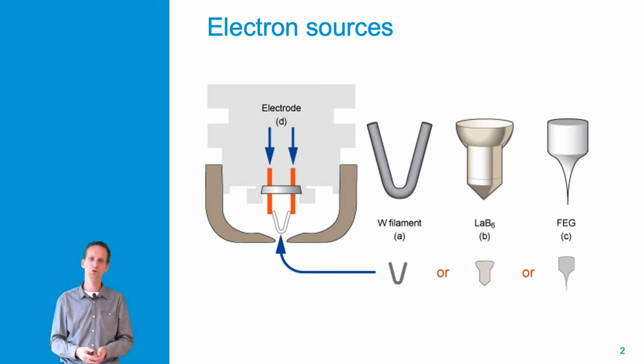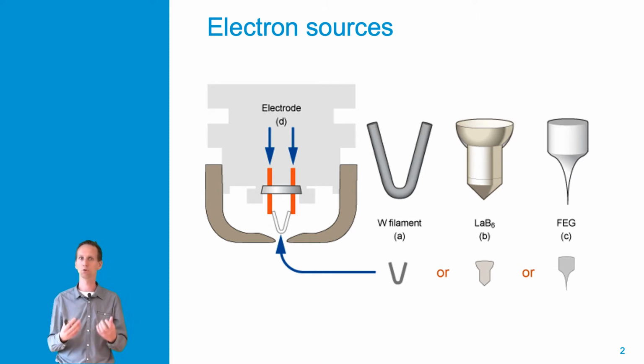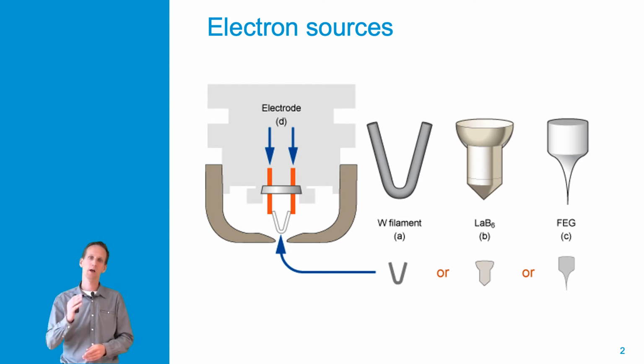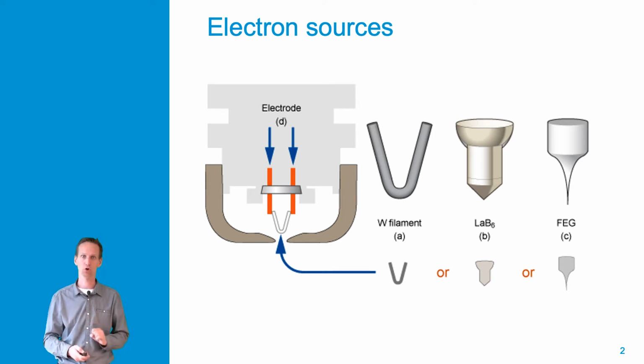We can also use a so-called LaB6 material, which is particularly used if we want to exploit photoemission in the process. I will talk about that in a second. And an important other type of source is the field emission gun, which you see depicted to the right. The field emission gun is a very sharp tip, so sharp that actually the virtual source size is very small, but also so sharp that it enhances the electric field around the tip, similarly to what we have in a lightning rod. I will also talk about that in a second.